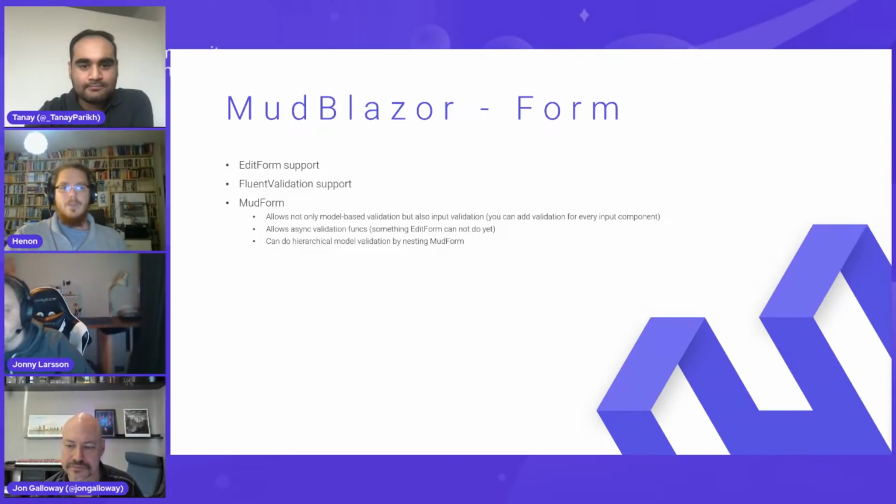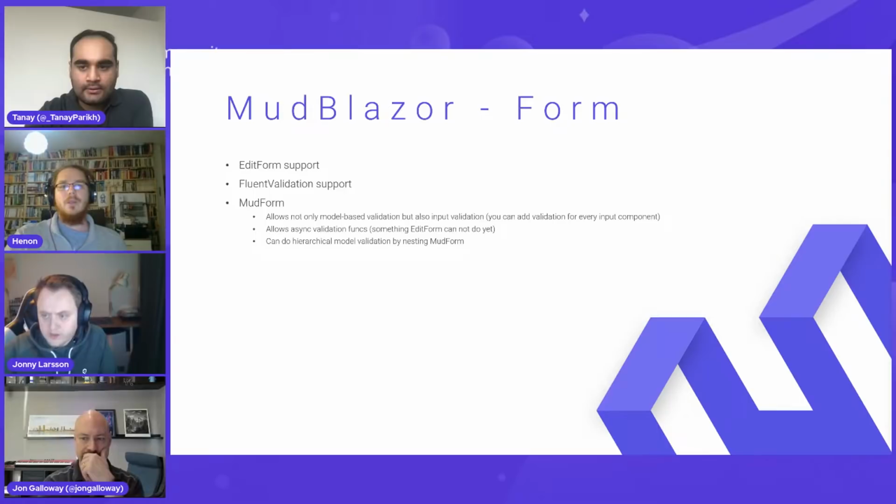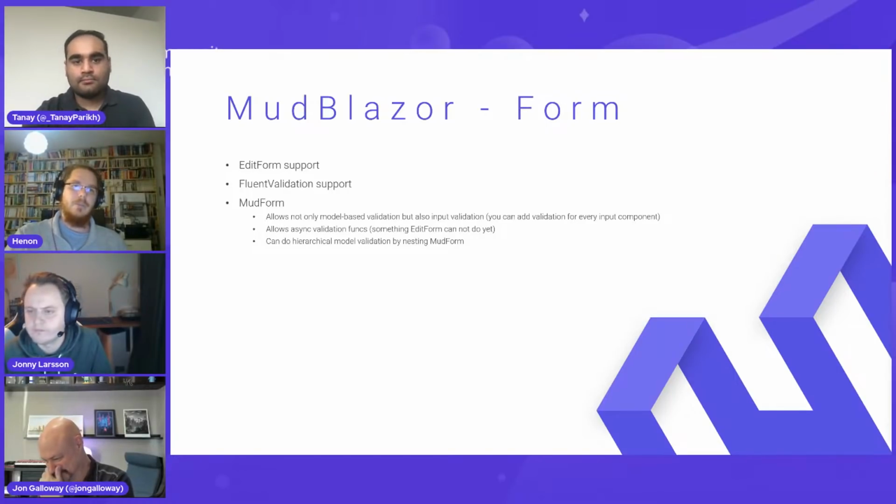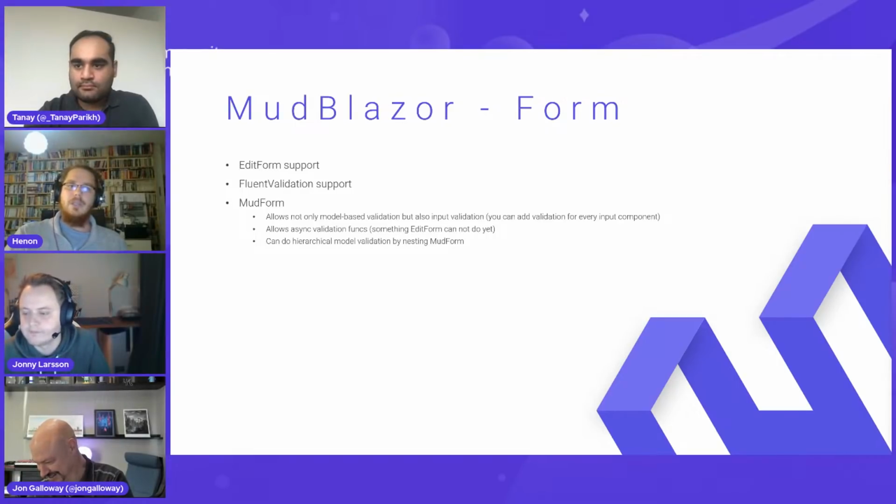Okay, so we have full edit form support, and we implemented fluent validation support, but we also added our own form implementation. Originally, we wanted something a little bit simpler than edit form, where you can just add a validation function to every input you have. You don't even need an input model if you don't need one.